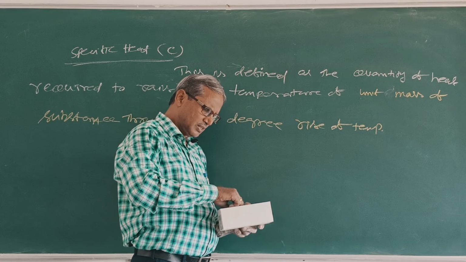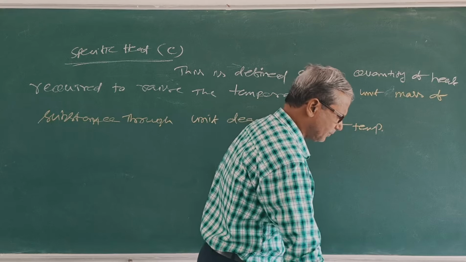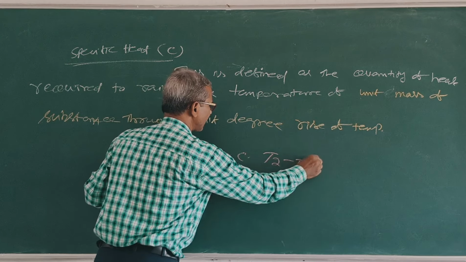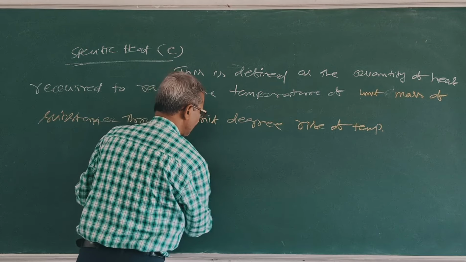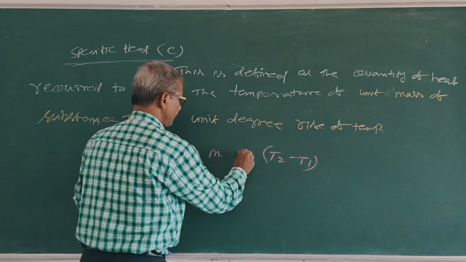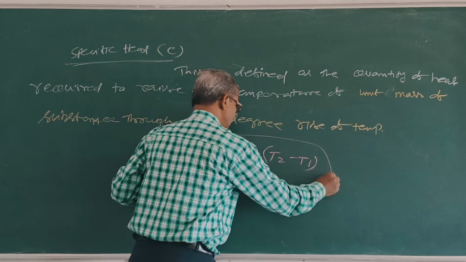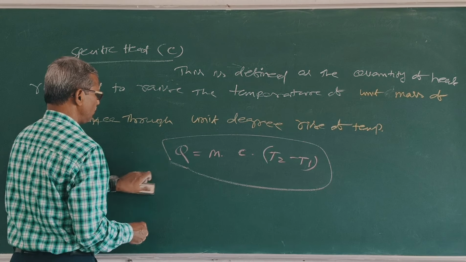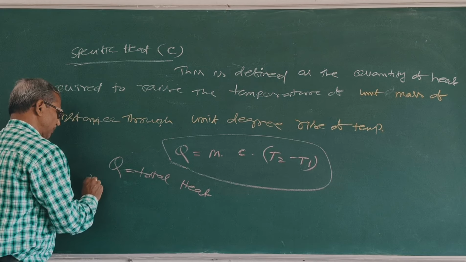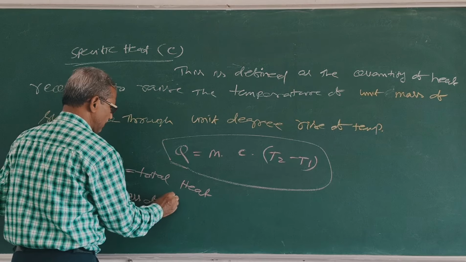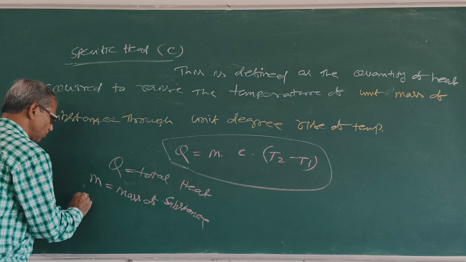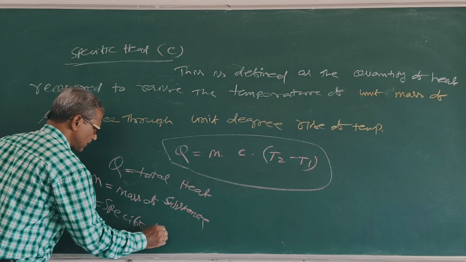What is its meaning? We know the heat Q is equal to m into C into (T2 minus T1), or Q is equal to m c dt. Where Q is the total heat, m is the mass of substance or gas, C is the specific heat of gas.